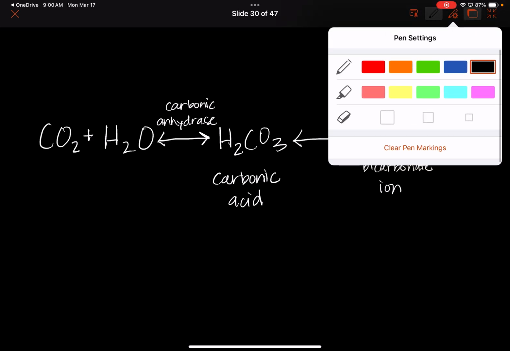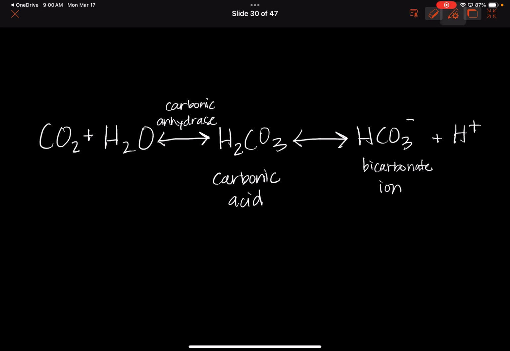So I'm going to do it in a different color. During exercise, we have high levels of CO2. The thing with this equation is when you have a lot on one side, it works like a teeter-totter. We're going to have to put more on the other side to even it out, so it's going to force the equation in this direction.